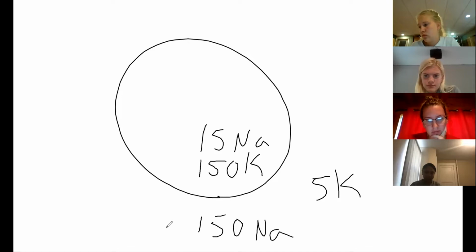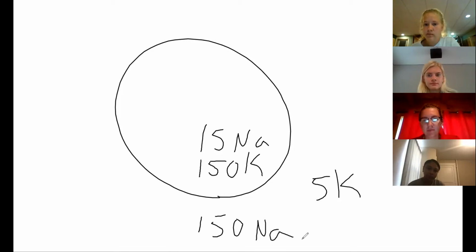We need to go from negative 70 inside to like plus 30, basically. Put the sodium in there. Look at the difference in their concentrations. If I open a gate that sodium can go through, he's going to want to go inside because there's less of him inside. He's going to want to go down his gradient.